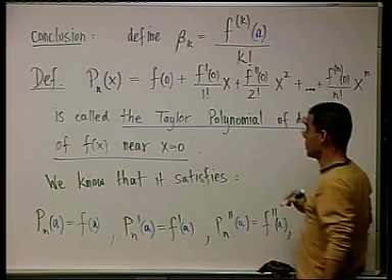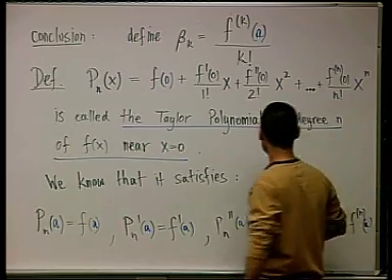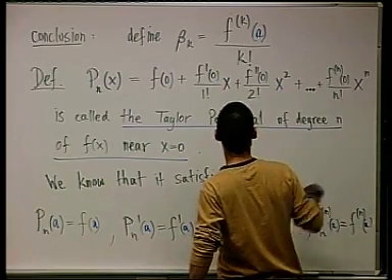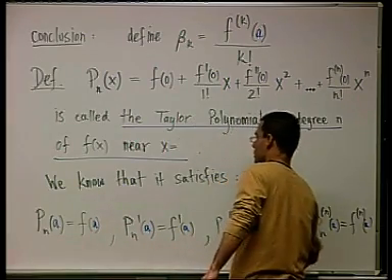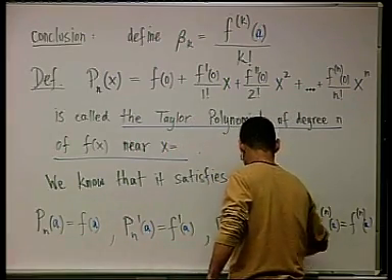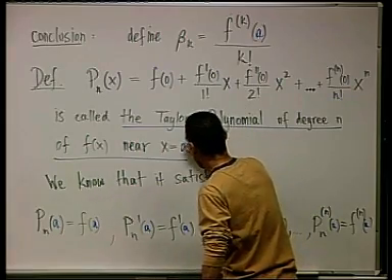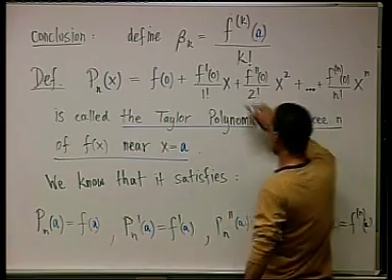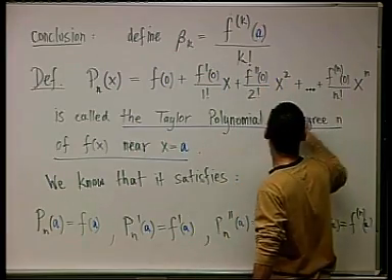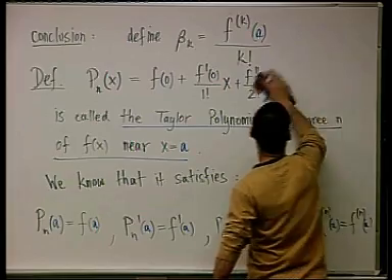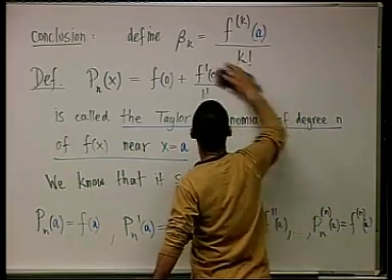Here, nothing is going to change. But now here, it is going to change. Instead of near x equals 0, it's going to be near x equals a. And here, all these powers are no longer going to be powers of x. Let me rewrite this, because I need to squeeze it a bit in order to write it.